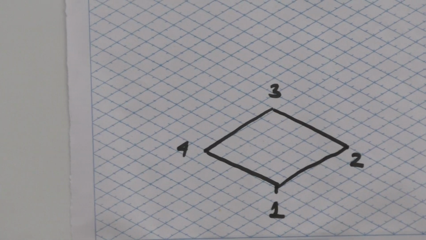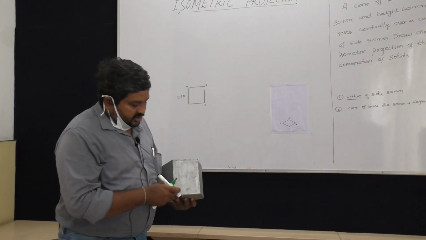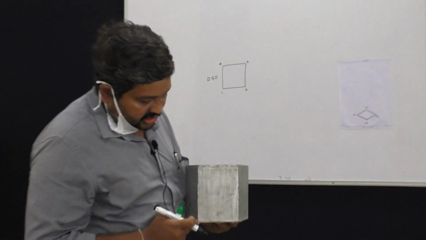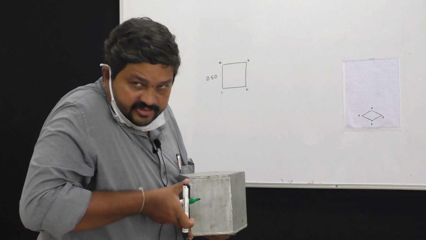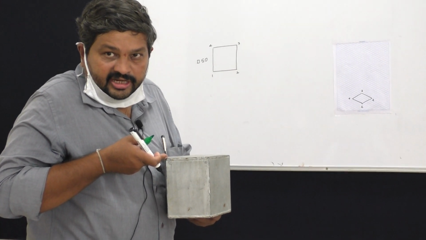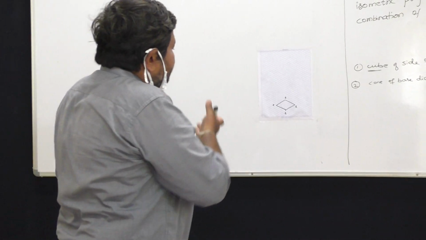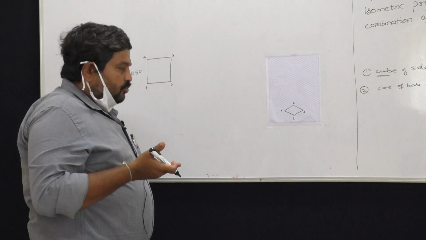Here are corners 1, 2, 3 and 4, and this is the lateral face, and this lateral edge measures 50 millimeter. Clear? Now I have to construct the top face corners of the cube.